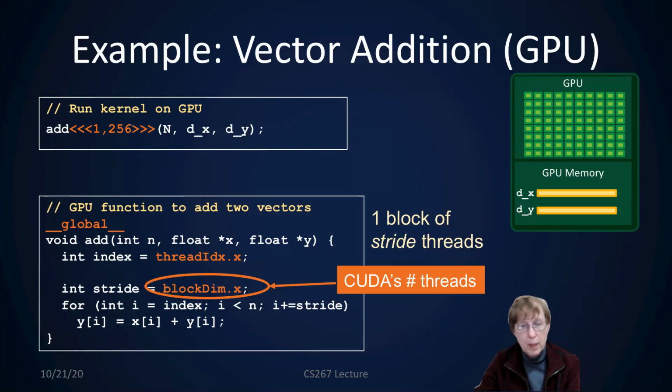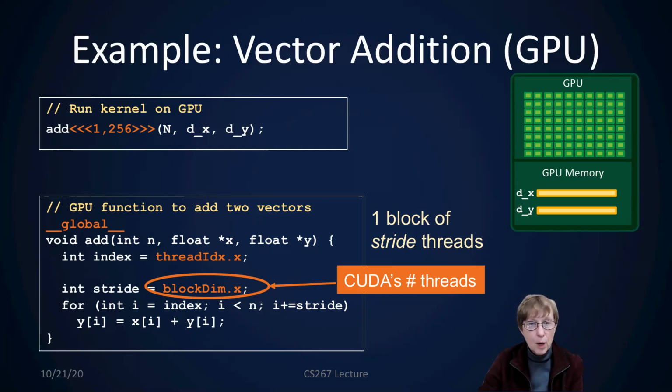Every thread is going to execute this loop, and it'll do the first element from the first block of 256, and then another element from the second block of 256, and so on. We also need to make sure that we don't index off the end of the array, so I guess we've got an i less than n in here. I think that will actually guard against overrunning the right end. So this should work even if I call this with a different number of threads than 256, and if n is something other than matching the thread counts.